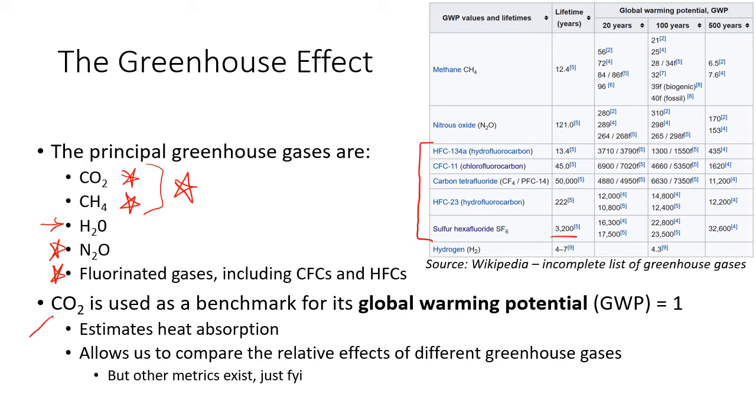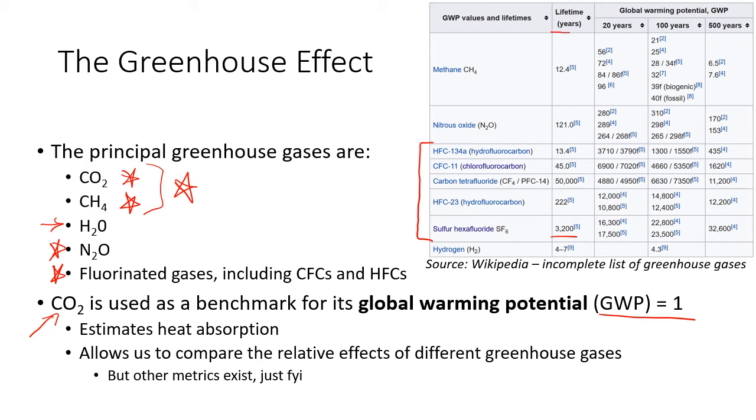Carbon dioxide, because this one is the most ubiquitous one, is going to be used as a benchmark, and we're going to set its global warming potential at 1. So how much can it warm the planet? Its global warming potential, we're going to set it at 1, and that's going to allow us to compare everything else to carbon dioxide.